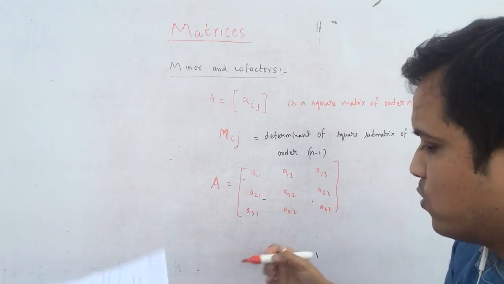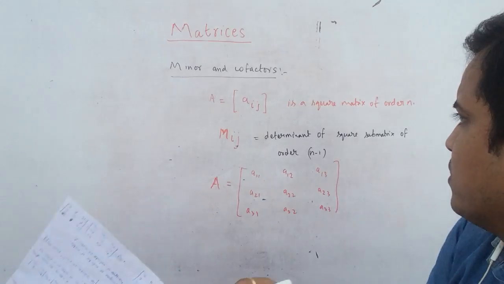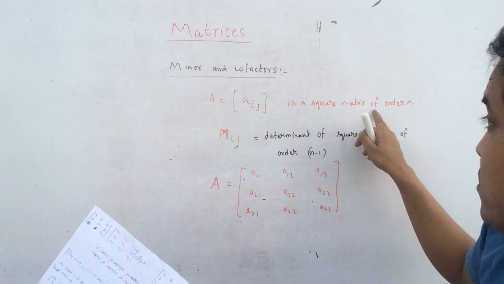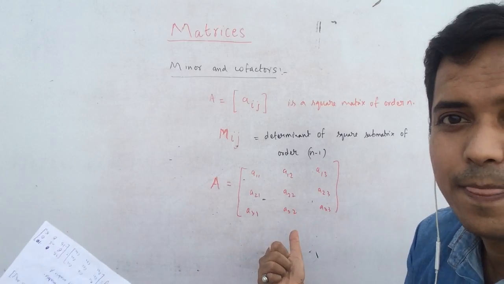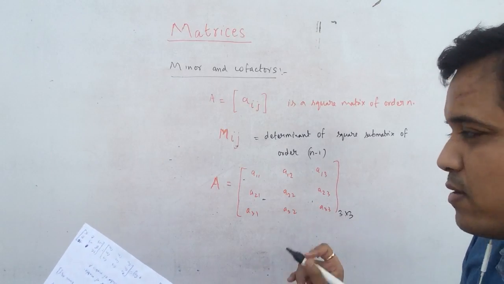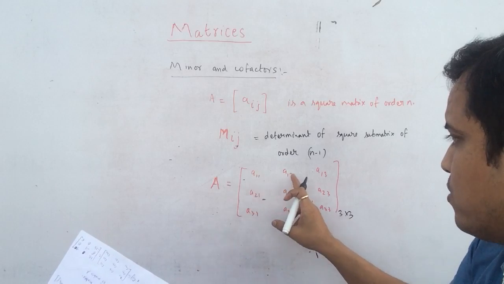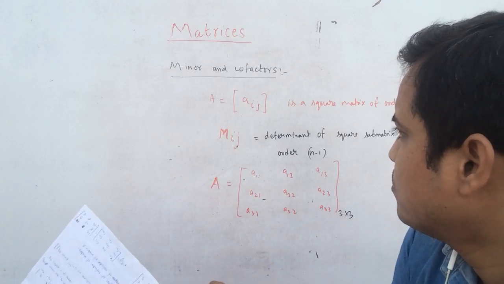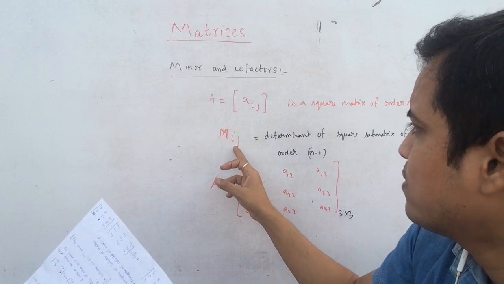Here I have told you that A is a square matrix of order n. The order of this matrix is 3, because it is a square matrix of order 3, that is 3 cross 3. It has 3 rows and 3 columns. So I want to find M11 first.